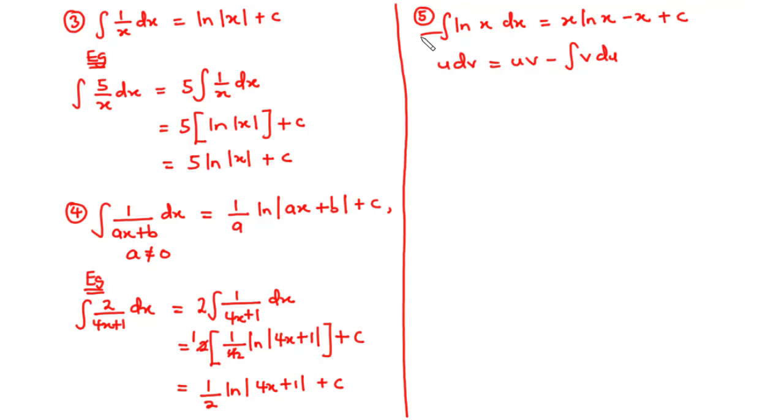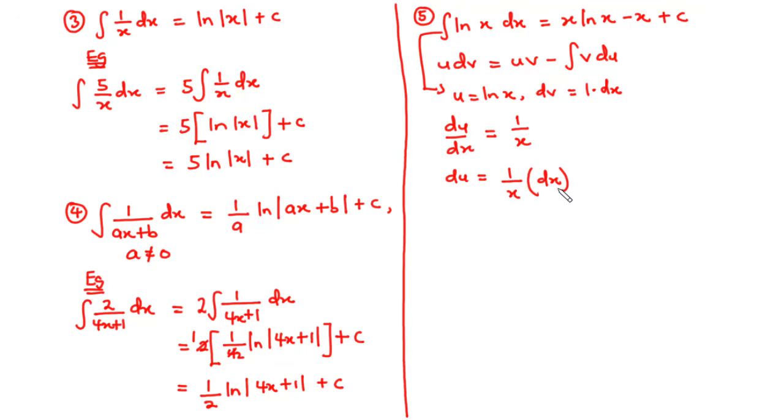So considering this function, that is ln of x, we are going to say that we have u to be ln of x, and then we have dv to be 1 times dx. So first of all, let's find du/dx. We have du/dx to be equal to, when you differentiate ln of x, you have 1 over x, and we are going to have du to be equal to 1 over x times dx.